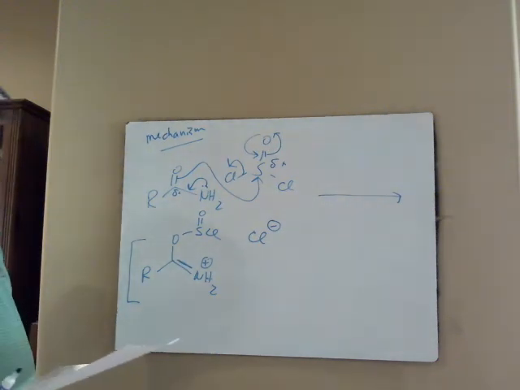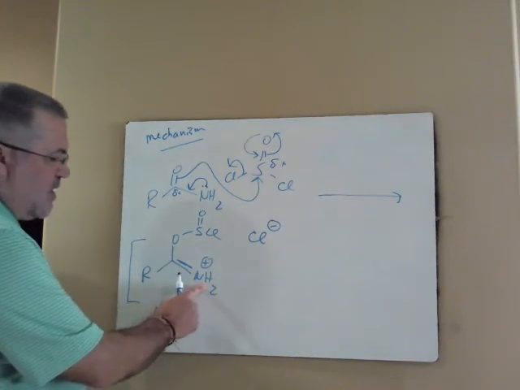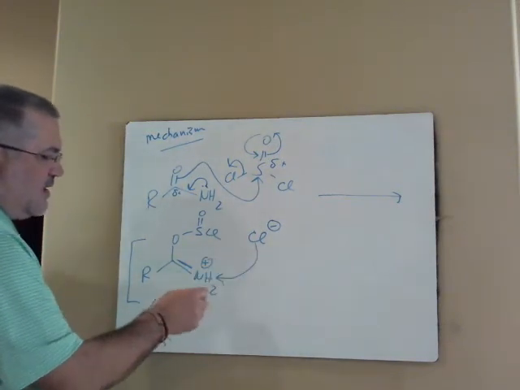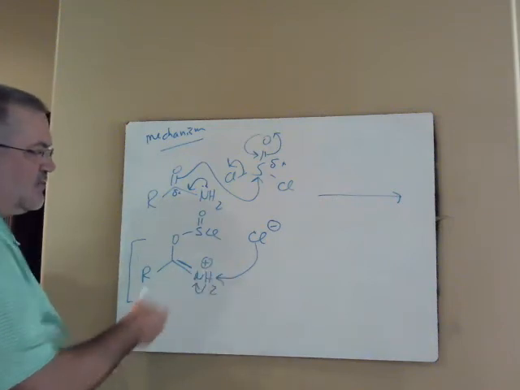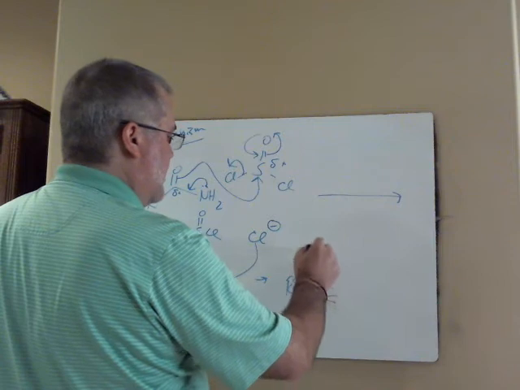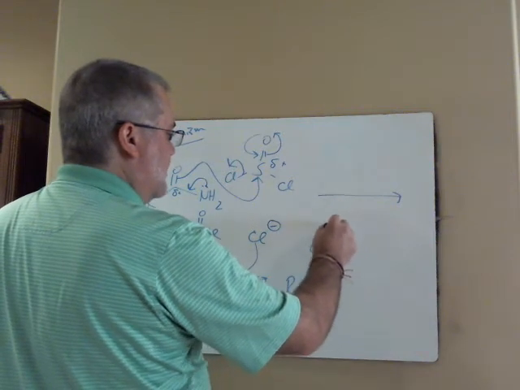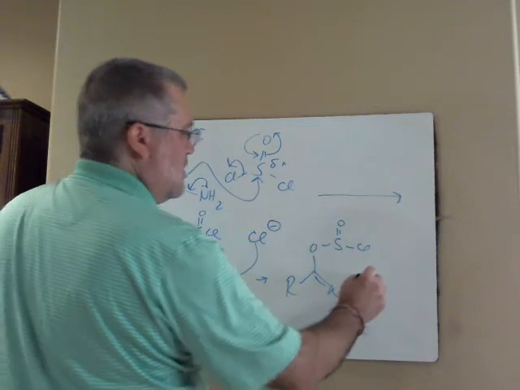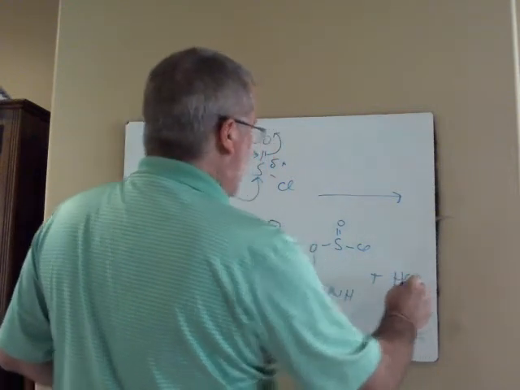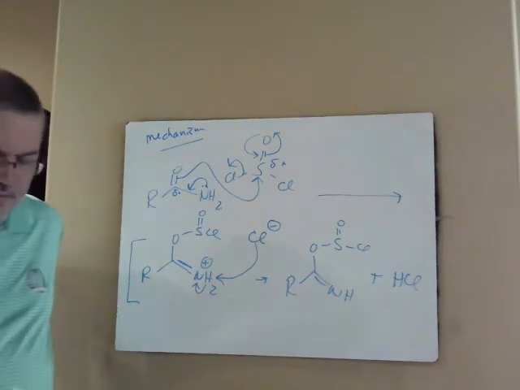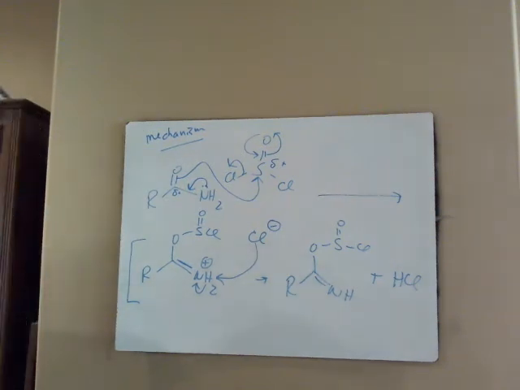Then you have a plus charge on this nitrogen, so what this Cl does is it just removes one of these protons, and I end up with this intermediate. Right? So there's one of my equivalents of HCl. Okay?